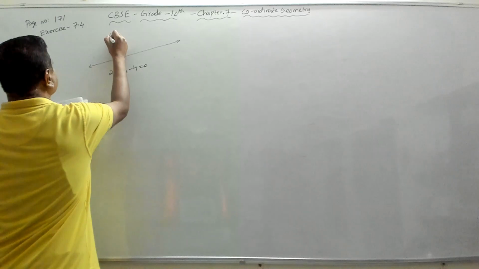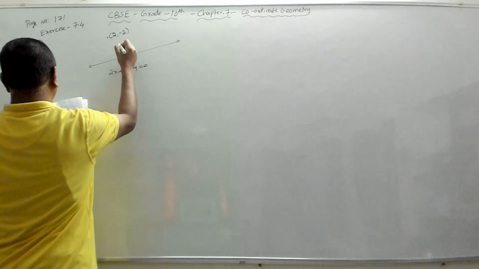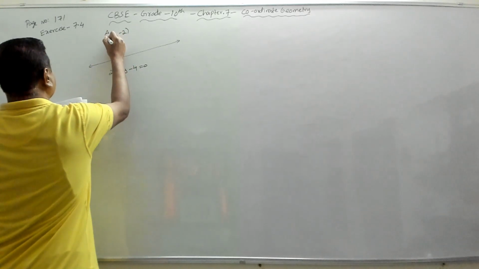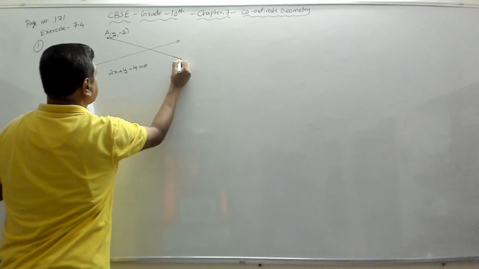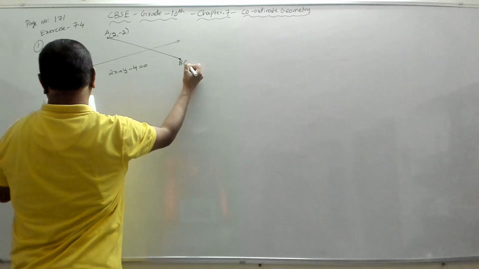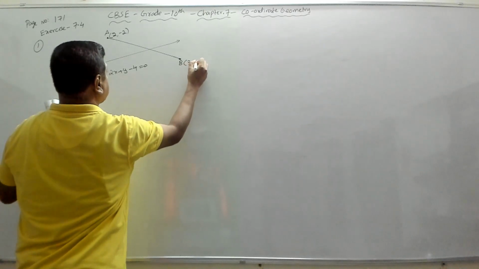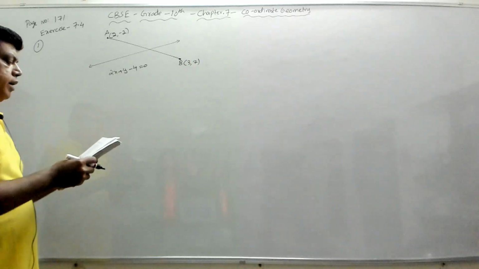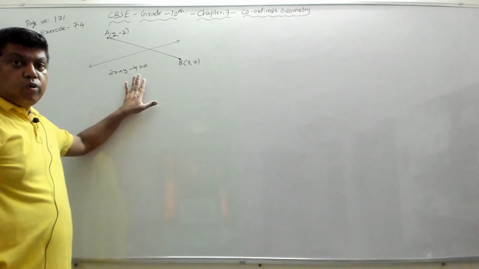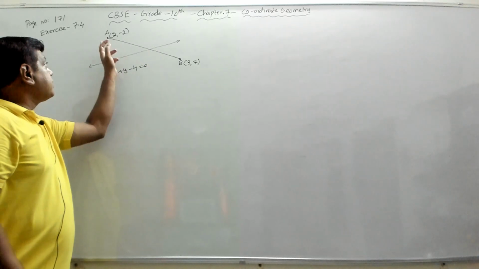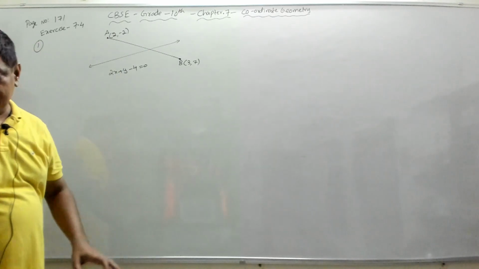Suppose this is 2, minus 2, which is point A, and then another point, suppose this is B, which is 3, 7. Now we need to find the ratio in which this line 2x plus y minus 4 divides the line segment joining the points A and B.